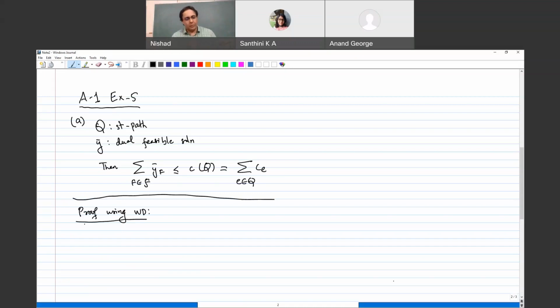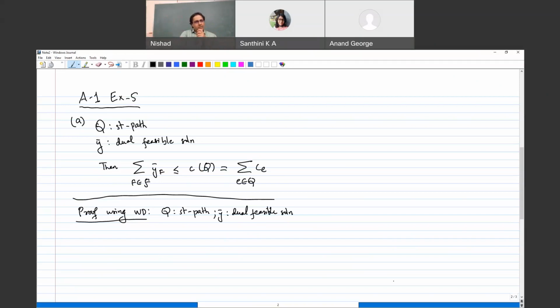Can anyone tell me how to proceed? So we are given an ST path and we are given a dual feasible solution, right? So how can we make sure that we are able to apply weak duality over here? Here C transpose X should be greater than or equal to 1 transpose Y. So 1 transpose Y is the summation of all the Y variables.